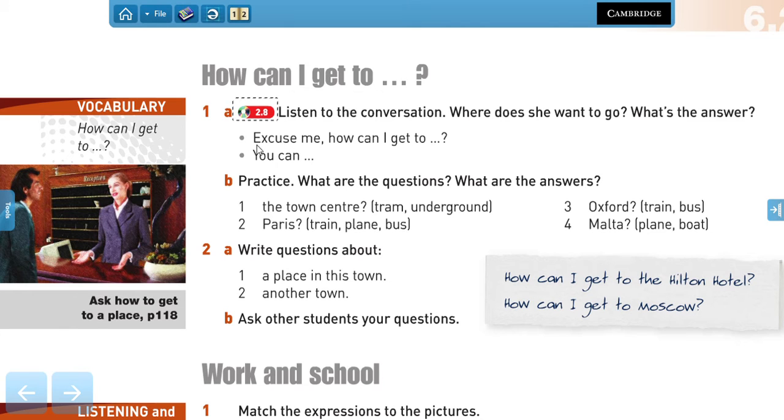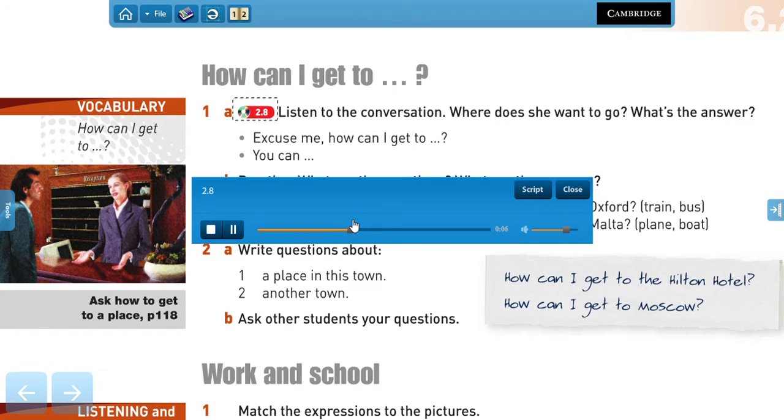We have, of course, excuse me, and then we have how can I get to, and then we include the name of the place we want to get to, right? And then you can, and the expression go by the means of transport that is chosen, right? So let's listen and try to complete these 2 sentences.